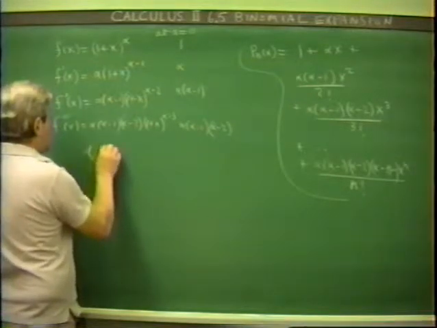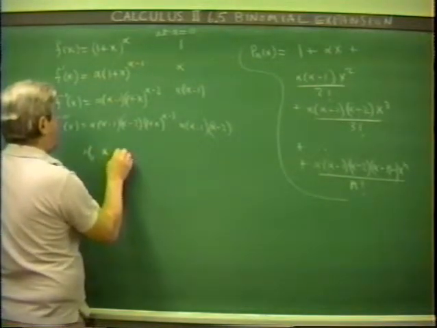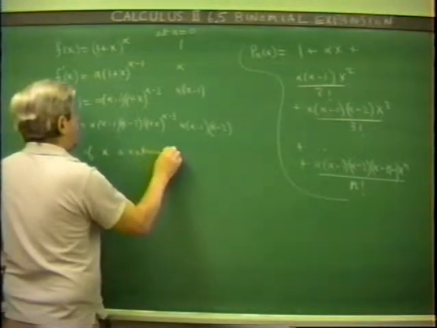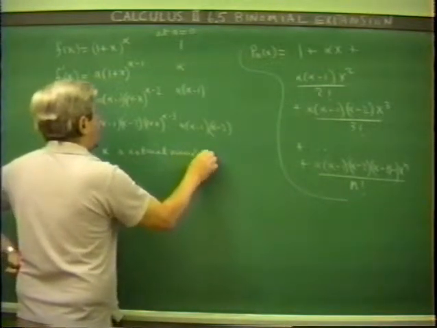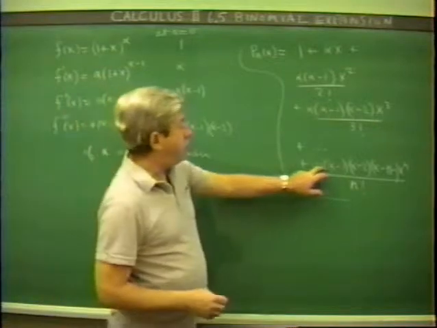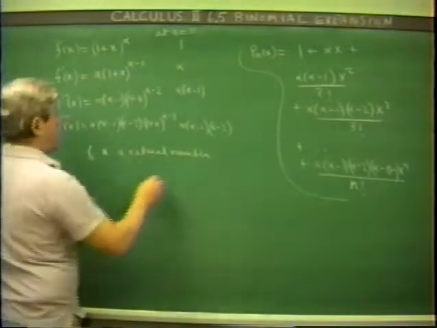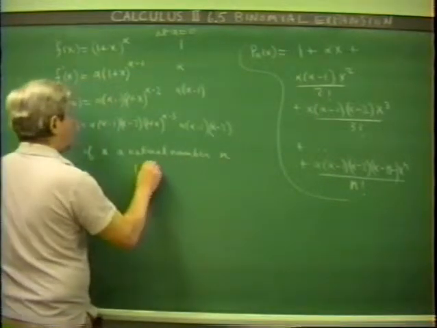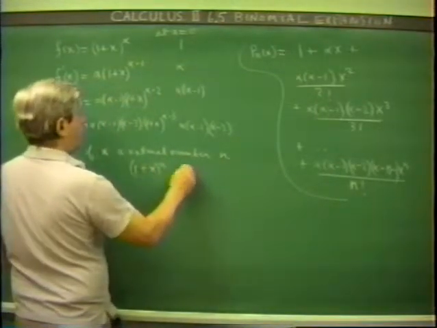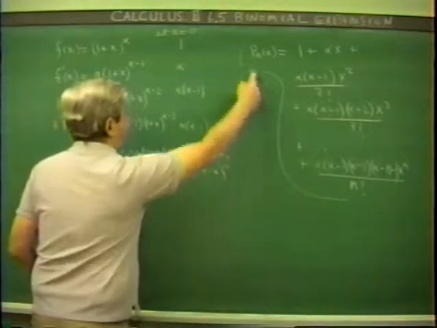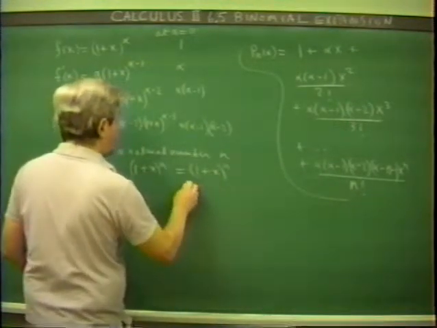Now, if alpha is a natural number, then eventually we'll get down to 0 here, and for 1 plus x to the n, we'll get 1 plus x to the nth power.